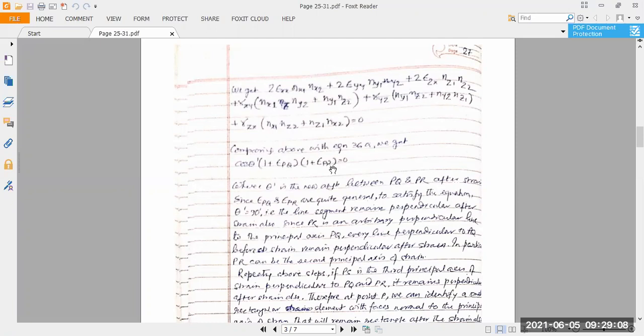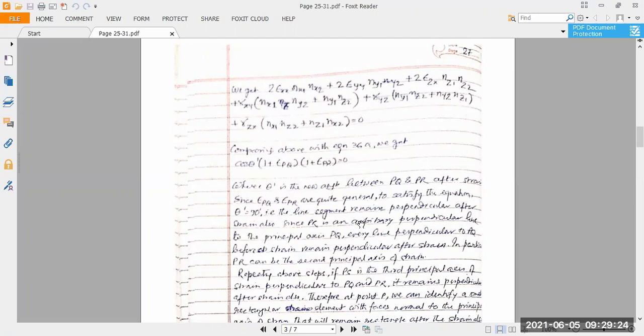Since epsilon PQ and epsilon PR are quite different in actuality, to satisfy the equation theta dash is 90 degrees, and the line segments remain perpendicular after strain also.